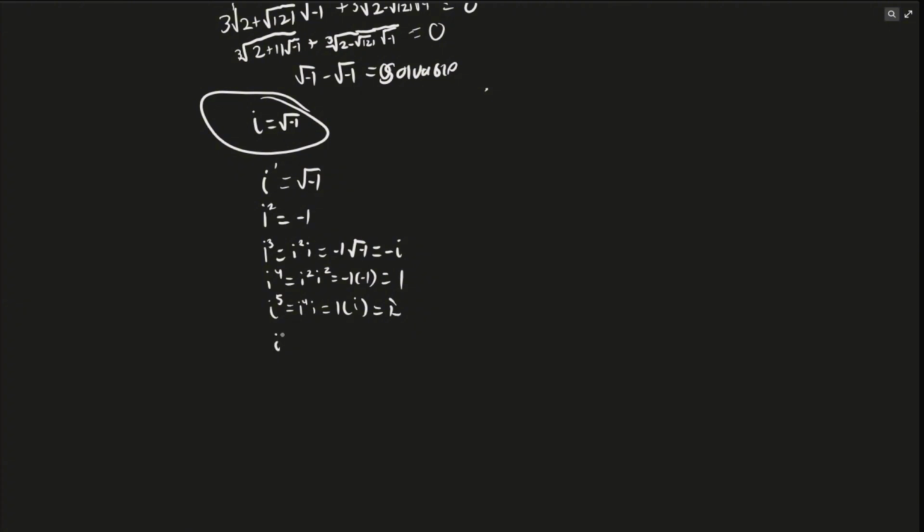So since i to the 4 equals 1, we can split this up. We can take any large number, and we can easily find what its value is, as the remainder when you divide it by 4, which we can say mod. Mod tells us the value of the first number when we divide it by this number, what the remainder is.